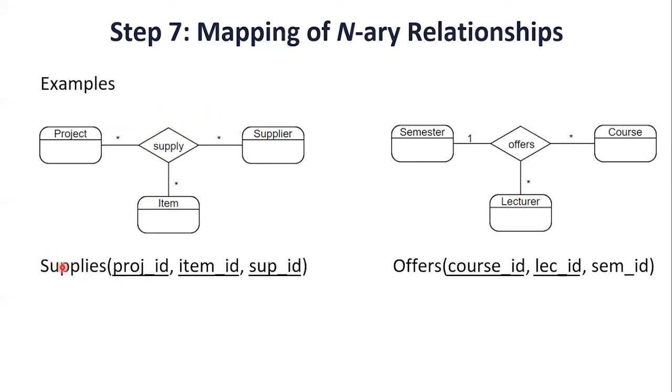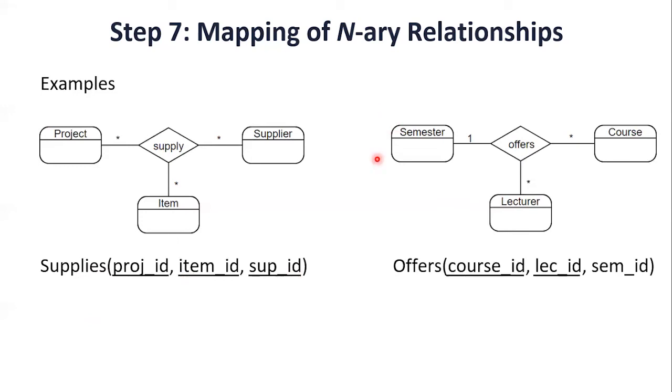So in this case, we will have the mapping relationship created as supplies. We have the project ID, item ID, and the supplier's ID, all three primary keys as foreign keys. Since all of them have many cardinality, we need to have all three in the primary key of the supplies table. So the combination of all three.